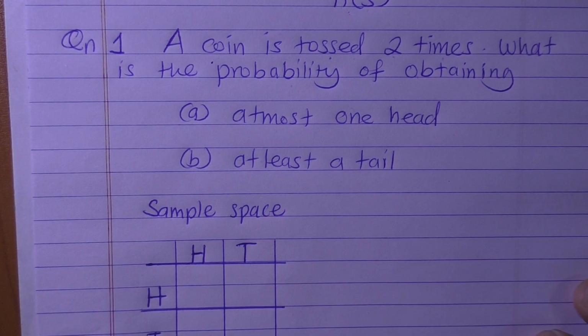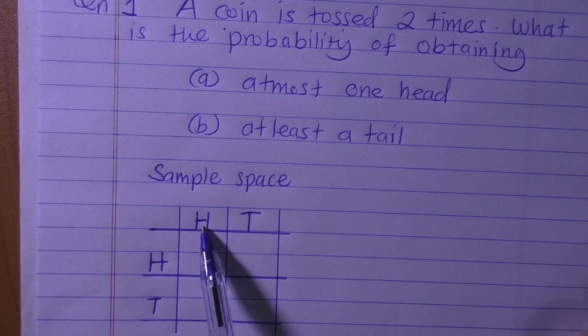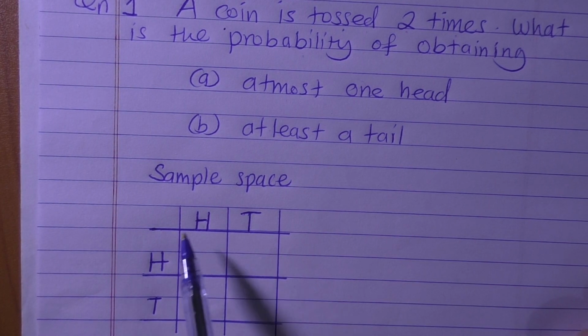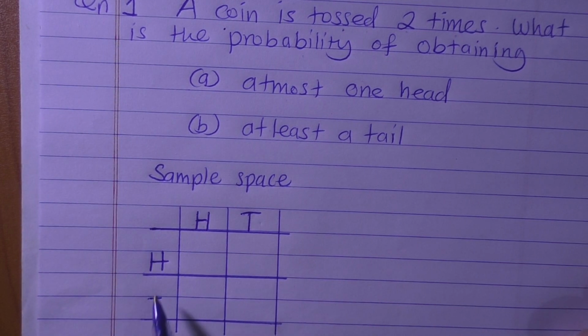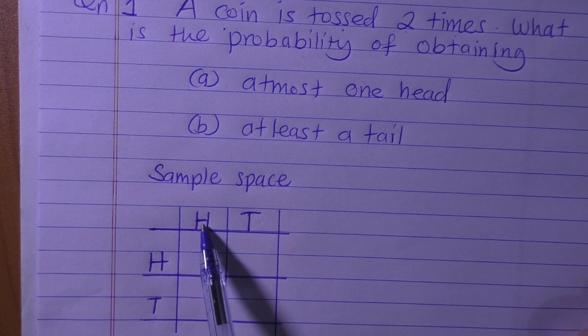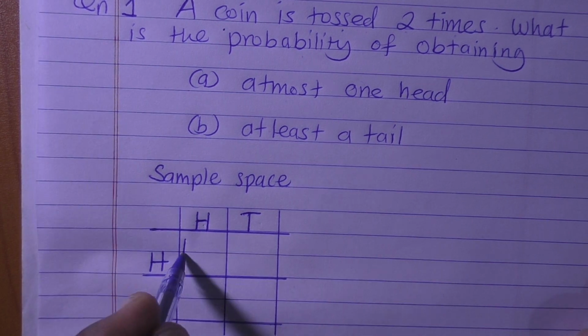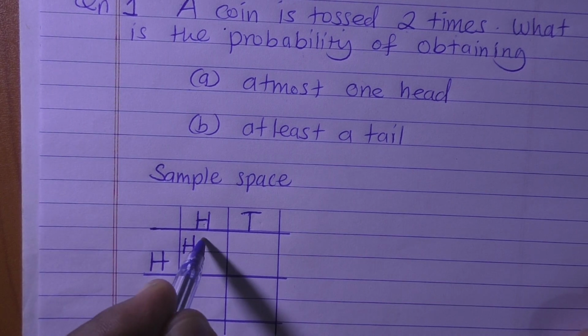So a coin is considered to be having 2 sides. One side is for the head, another side is for the tail. So this is our first throw, and this is showing our second throw. So in the first throw we can get a head, and also in the second throw we get a head.